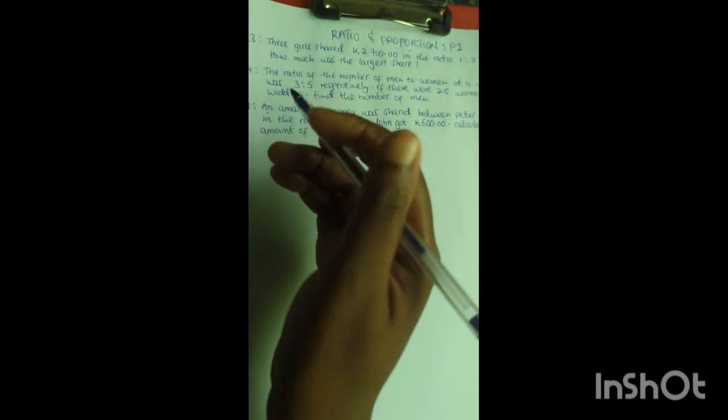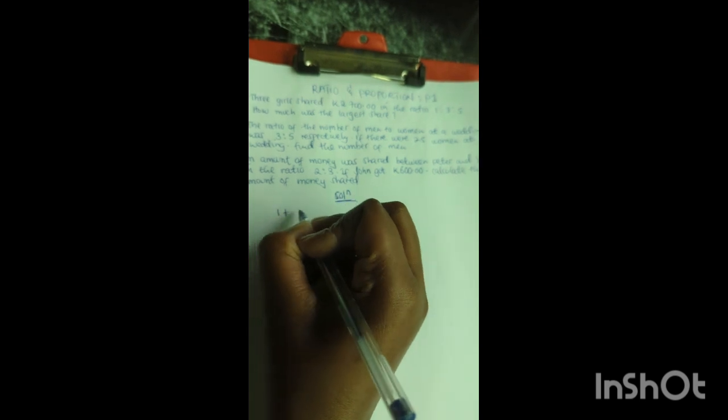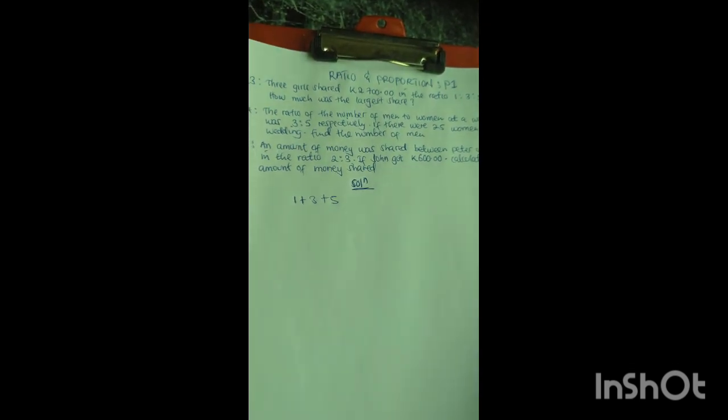So our first step was to add everything together, right? We add everything. So 1 plus 3 plus 5. What does it give us? 1 plus 3 is 4, 4 plus 5 is 9. Okay, so now how do you calculate the ratio?